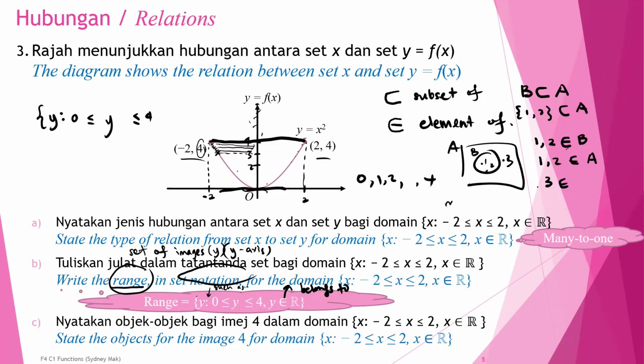Element means the member inside. 1 and 2 are the members inside the B. 1 and 2 are also the members inside the A. So the 3 is the member inside of AB. Huh? AB. Is 3 inside the B?